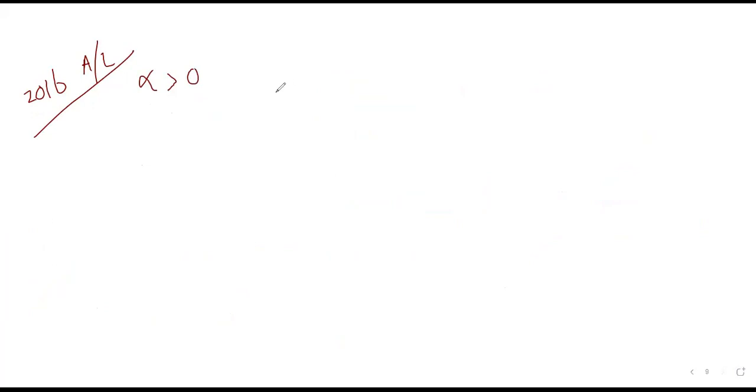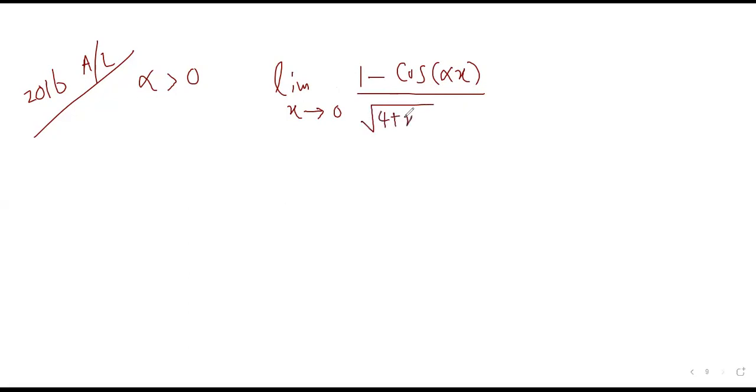Then it's given the limit as x goes to 0 of 1 minus cos alpha x over the square root of 4 plus x squared minus the square root of 4 minus x squared. It's given that this equals 16. Find out alpha.